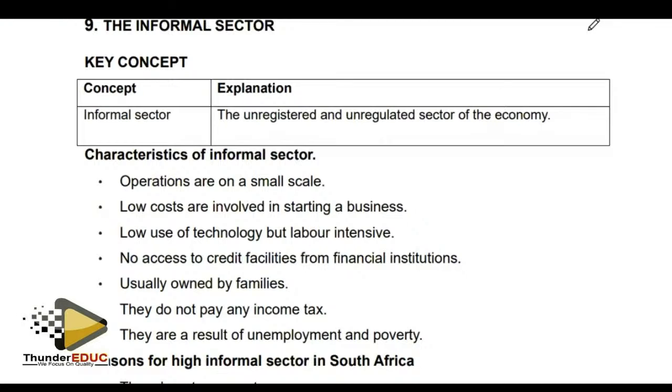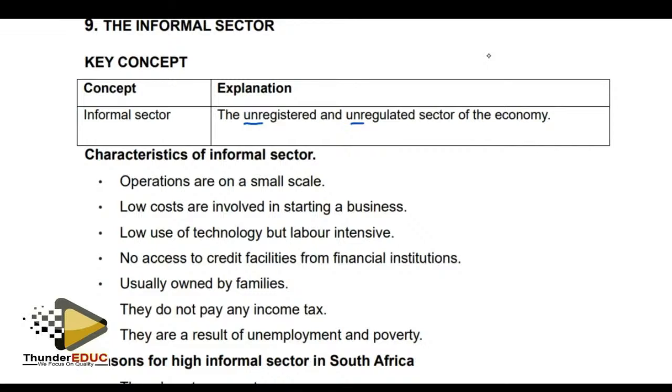If you look at the informal sector concept, it is the unregistered and unregulated sector of the economy, meaning we're looking at businesses that are not registered by SARS and they don't contribute directly to the economy of the country. That is why we say they are unregistered and unregulated, meaning their incomes, costs, and supplies are not regulated by the government. So they do things their own way.